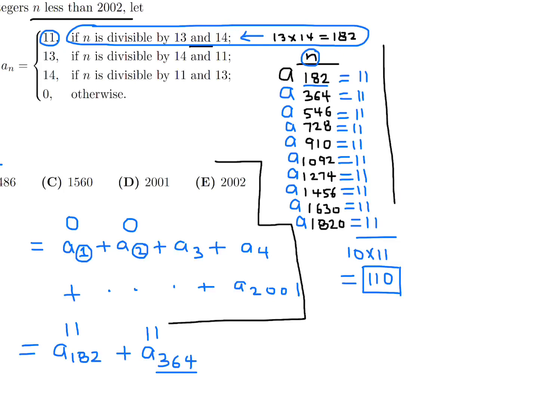Now let's turn our attention to the next criteria, which is that if n is divisible by 14 and 11, the number a_n will become 13. Okay, so if a number is divisible by 14 and 11, it must be divisible by 14 times 11.